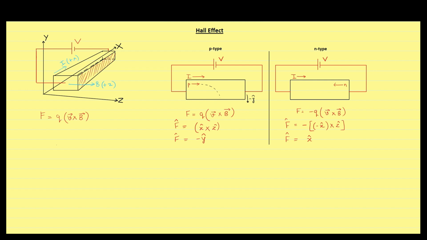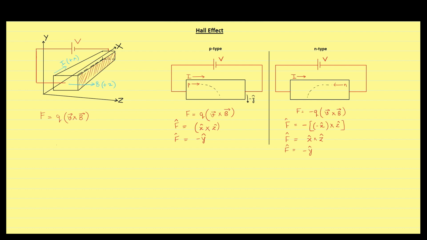Therefore, the direction vector of force will come out to be x cap vector product with z cap. Direction vector of force in n-type semiconductor comes out to be negative y cap. So, electrons will also experience force in the negative y direction and will move similar to as shown in the figure.